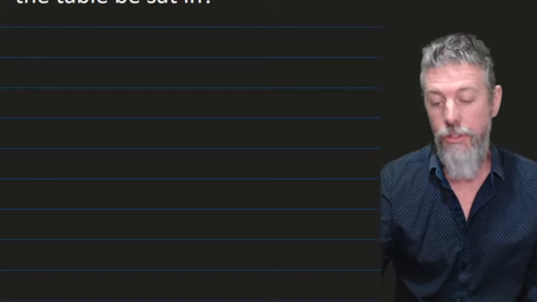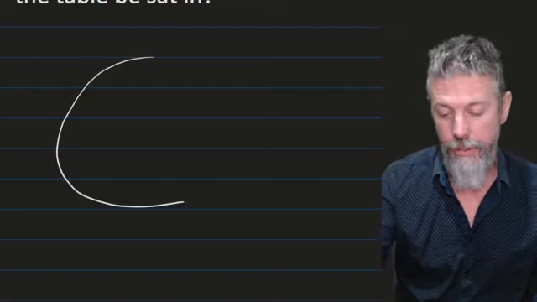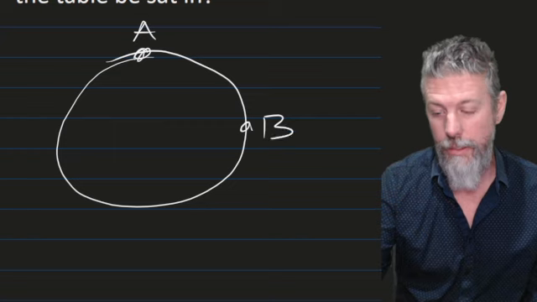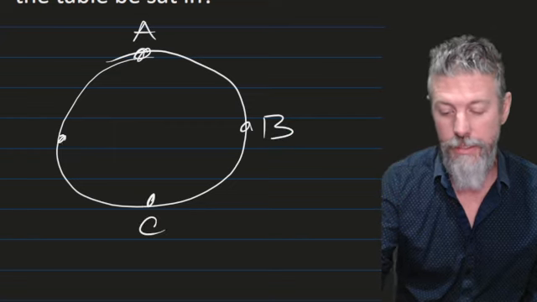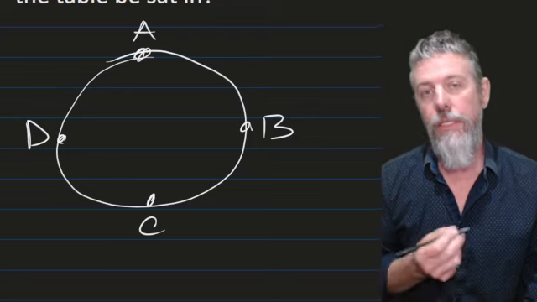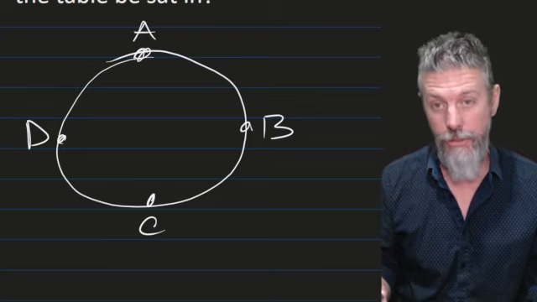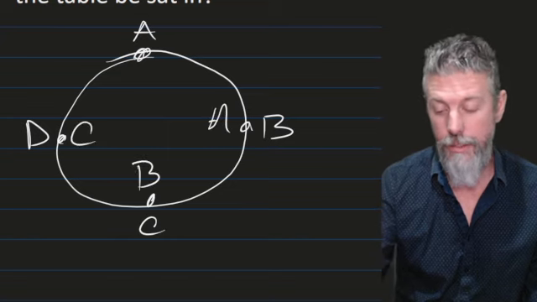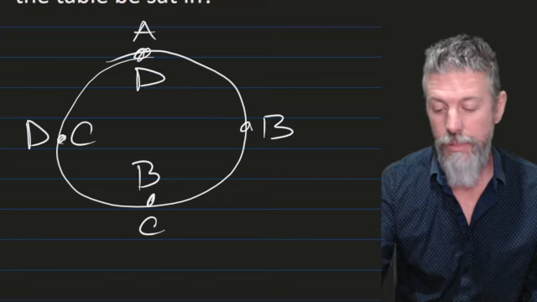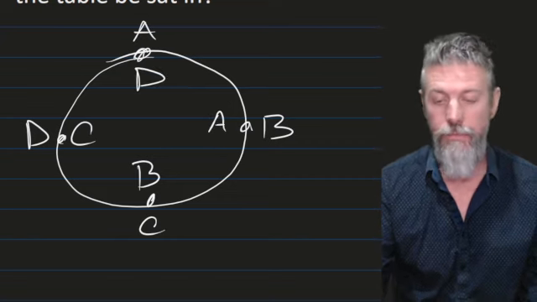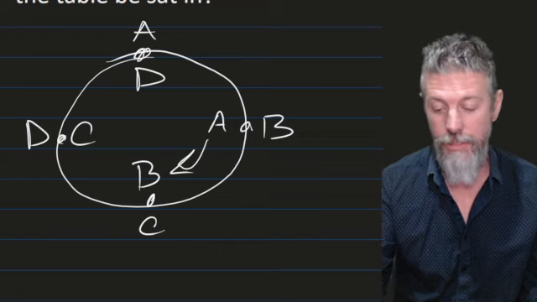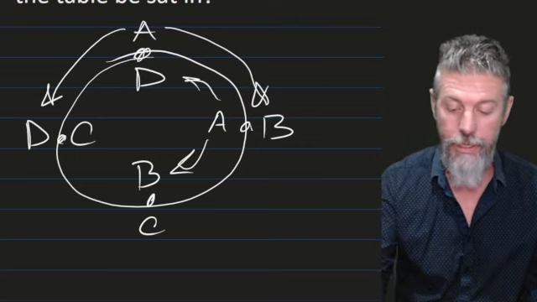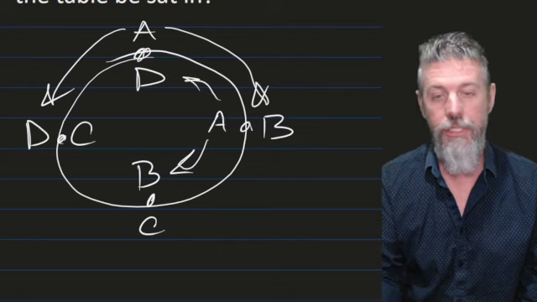In this one, it's circular. Now, there's a problem with circular. If we seat person A here, B here, C here, and D here, this seating arrangement is considered identical to this seating arrangement, A, B, C, D. The reason why it's considered identical is because A is still sitting beside B and D the same way A was sitting beside B and D before.